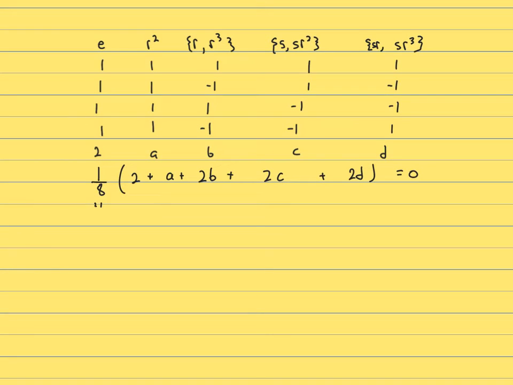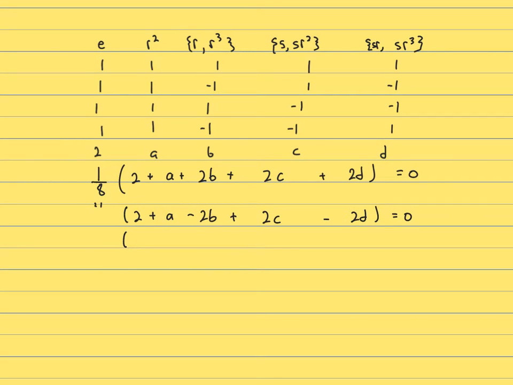I'm just going to keep going, all these terms are going to have a 1/8 in front. Next up, you also have 2 plus a minus 2b, because there's a negative 1, plus 2c minus 2d equals 0, all times 1/8.